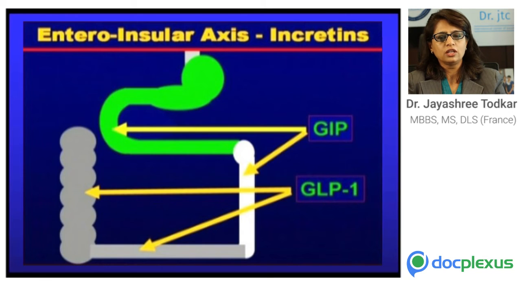Finally, the nutrients reach the L cells of the ileum pretty early and stimulate the L cells for the secretion of GLP-1. This GLP-1 has a very strong insulin sensitivity action, beta cell sensitivity. It also improves the beta cells' secretory capacity.